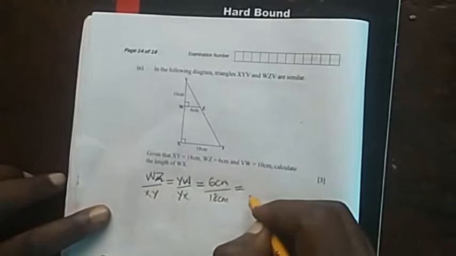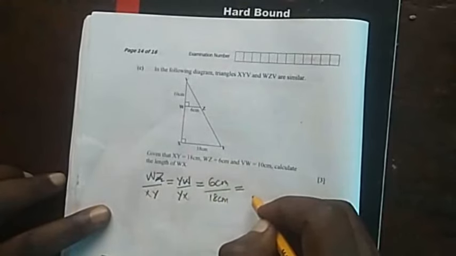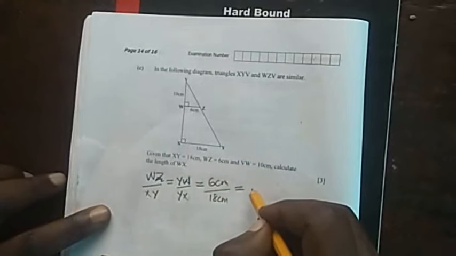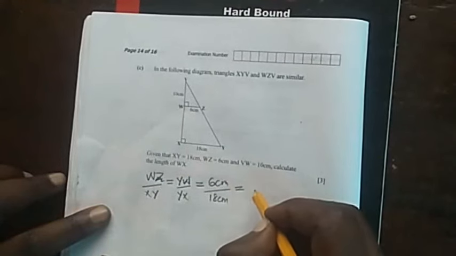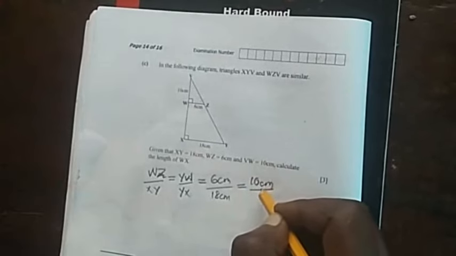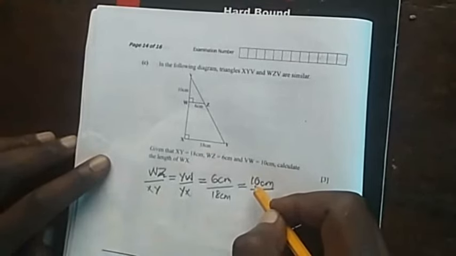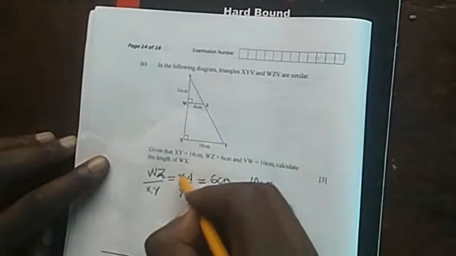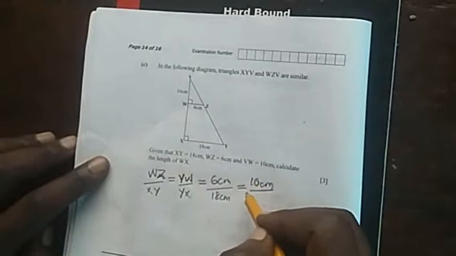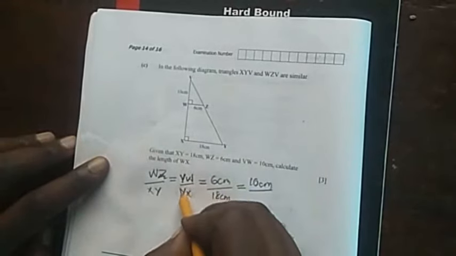is equal to, then what is the value of VW? Yes, VW, that is 10 centimeter, so I can say 10 centimeter over, what's the value of VX?